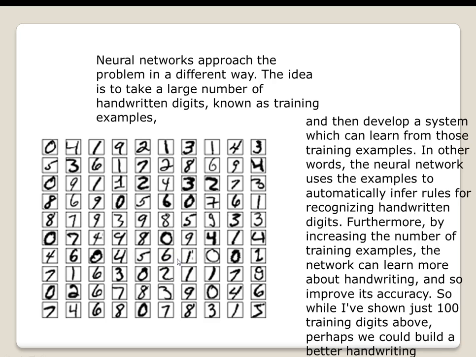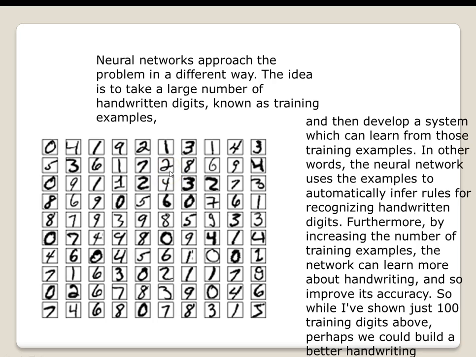However, neural networks approach the problem in a different way. So if we want a computer to try and do this, you have to figure out something that might allow them to do it. So the idea is to take a large number of handwritten digits known as training examples. And we used that word a little bit before. So we'd have all these handwritten digits, and if I ask you what this is, of course you know what it is.